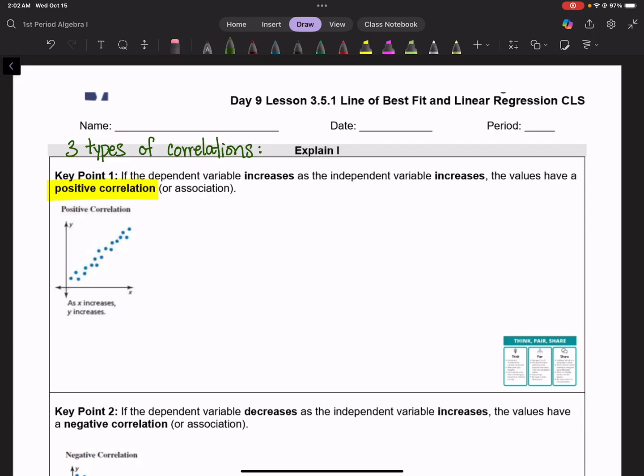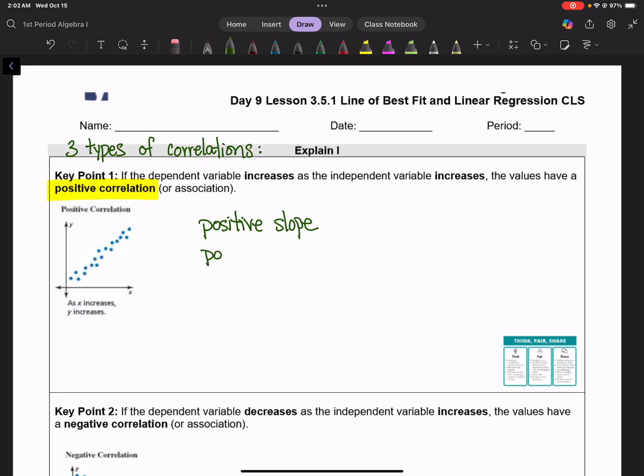A positive correlation has a positive slope. Right? If you're looking at an equation, the equation will have a positive slope. If you're looking at a graph, the dots are going up. The dots are increasing.